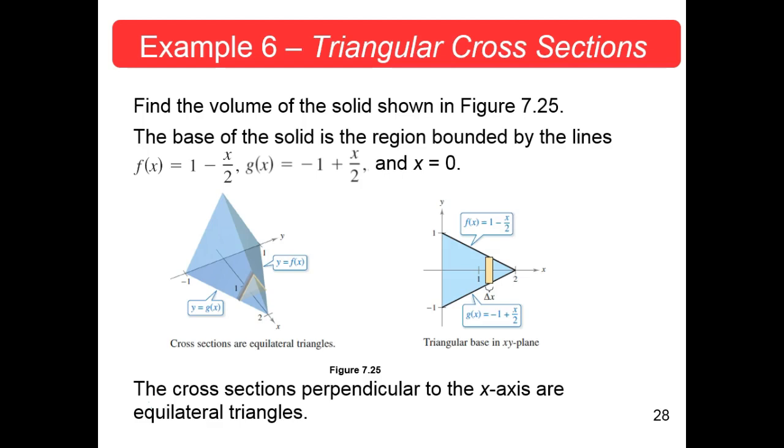All right, we may not need that, but we'll get to it in a minute. Okay, so that's all they tell us here. So we got equilateral triangles going back this way, each one of these. So you got a delta x here, and you got both your g and your f in terms of x, and the length of that base is this minus that. The width is your delta x, and what you got to do is the area of that equilateral triangle, okay?